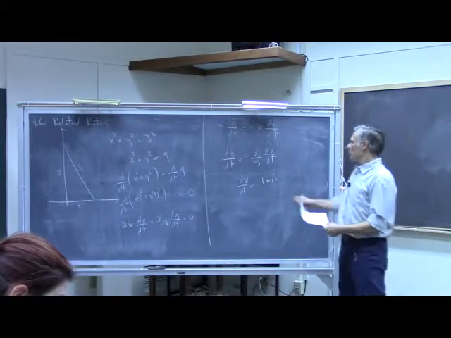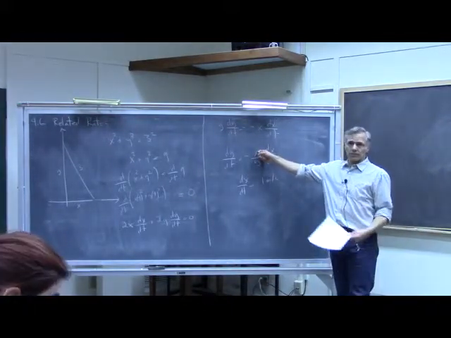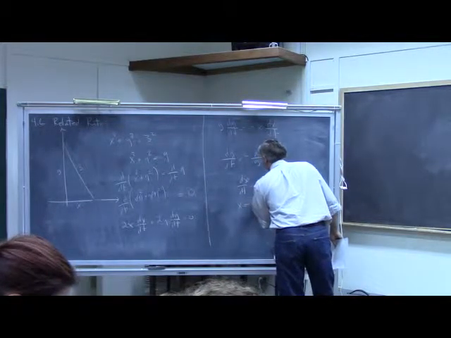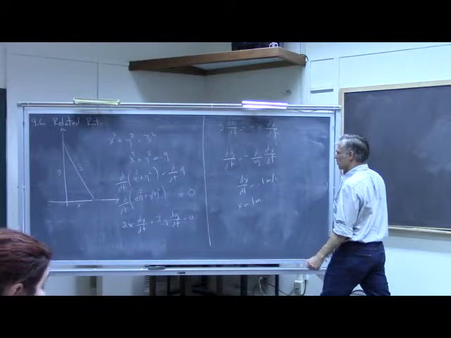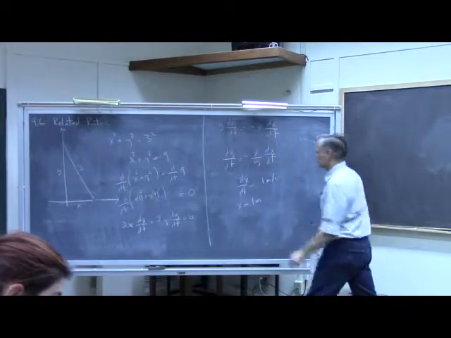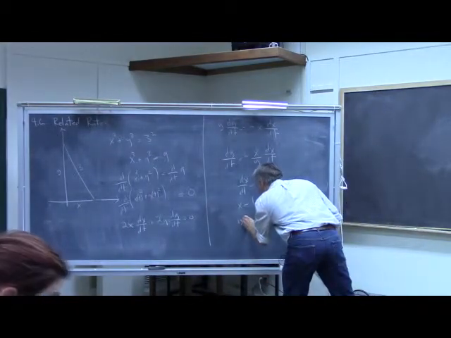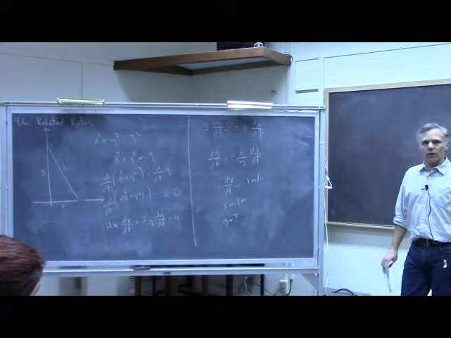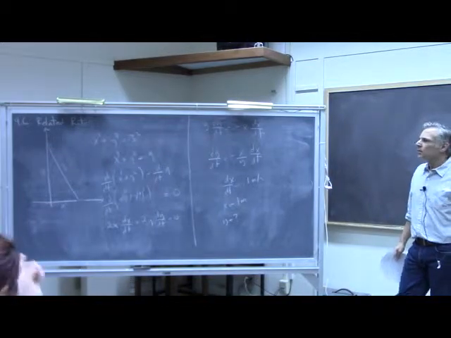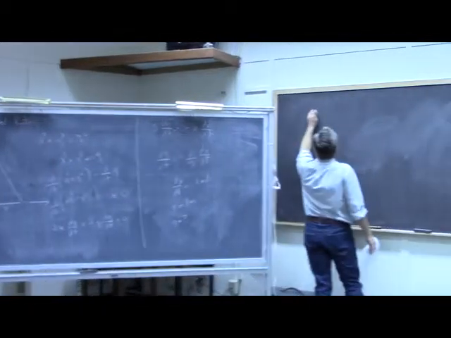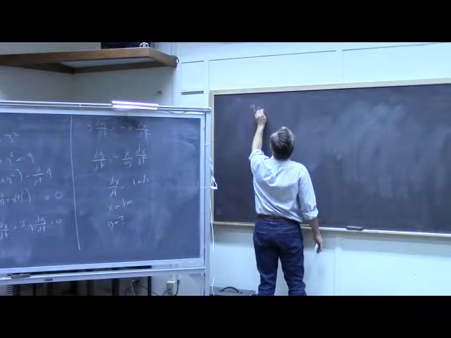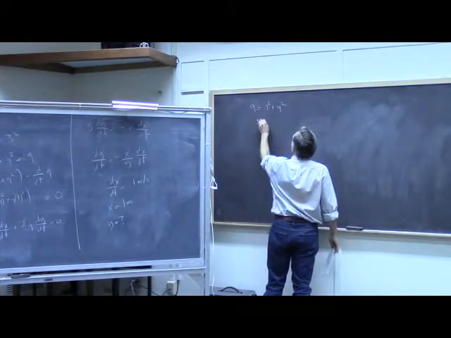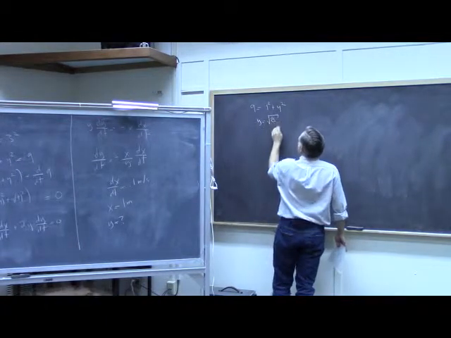At that particular moment, x is 1. Well, we're going to need to know what y is. Any idea how we can figure out y? Yep, so let's see, what do we know? We know 9 is 1 squared plus y squared, so that tells me that y is the square root of 8.